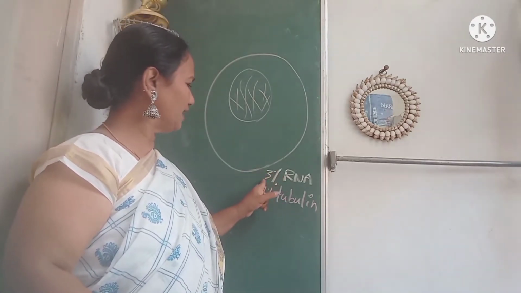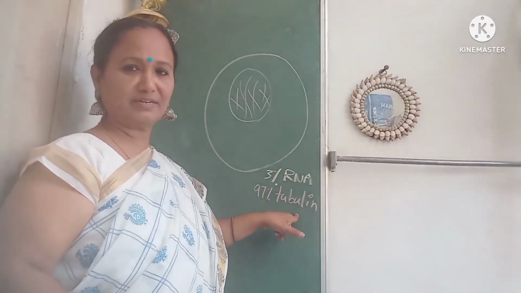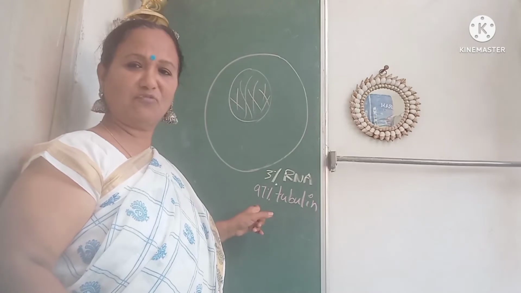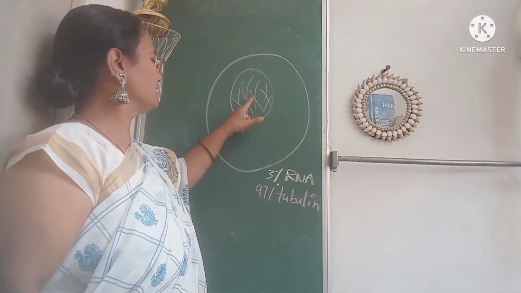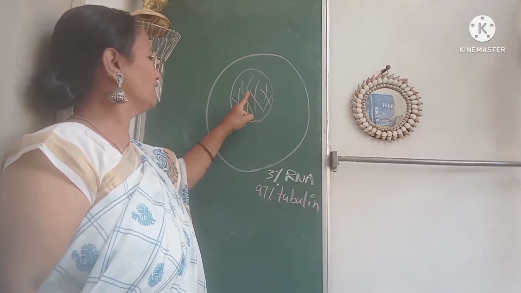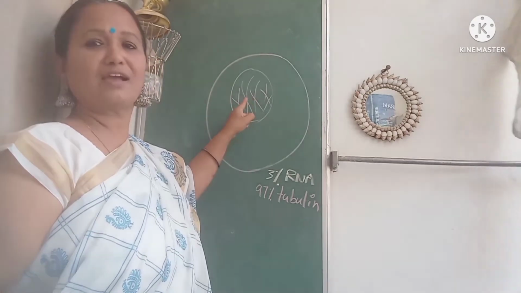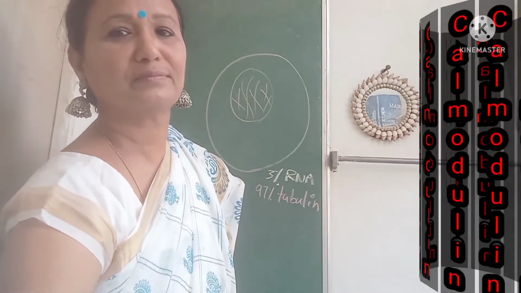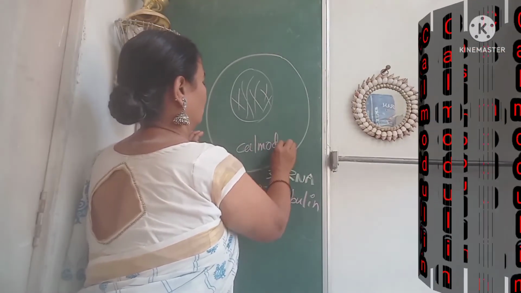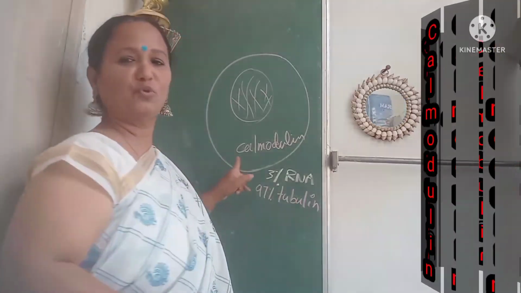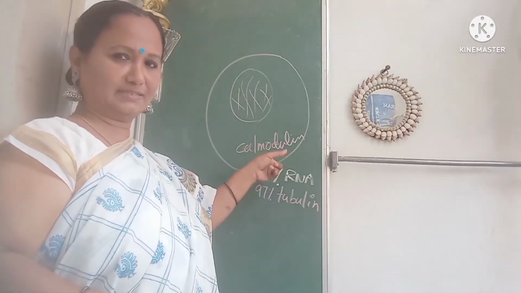These spindle fibers are made up of 3% RNA and 97% tubulin. These spindle fibers are organized with the help of a calcium-binding protein known as calmodulin, in plant cells and animal cells.